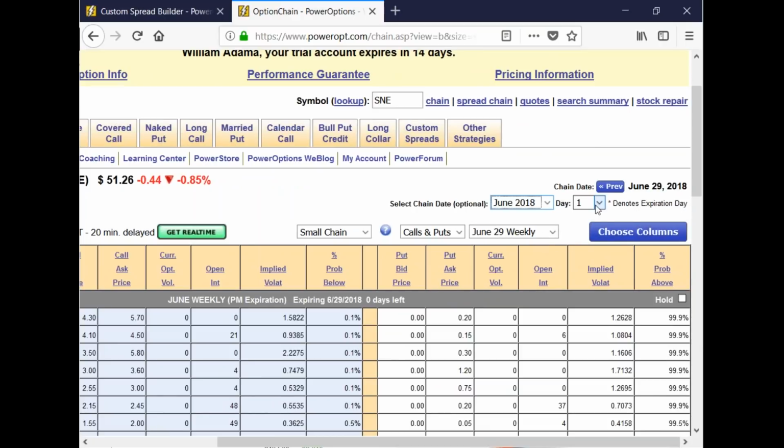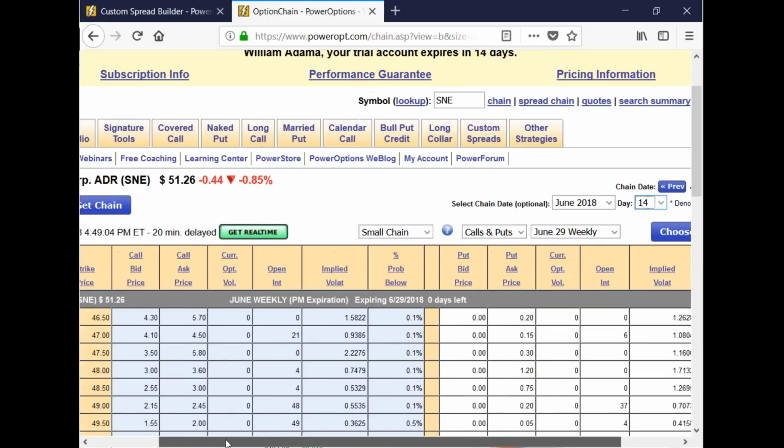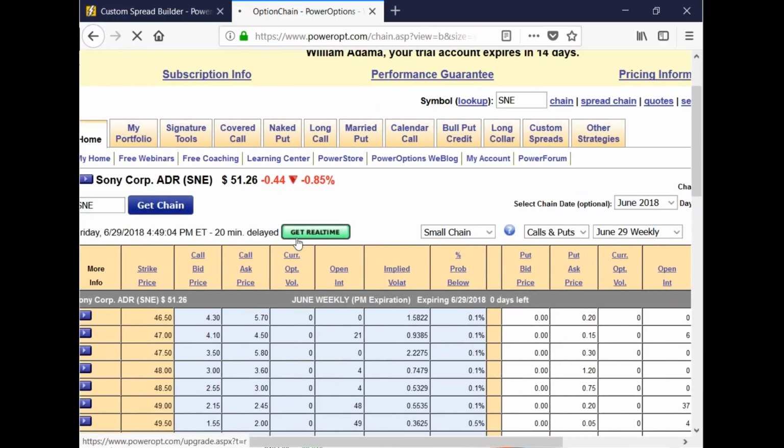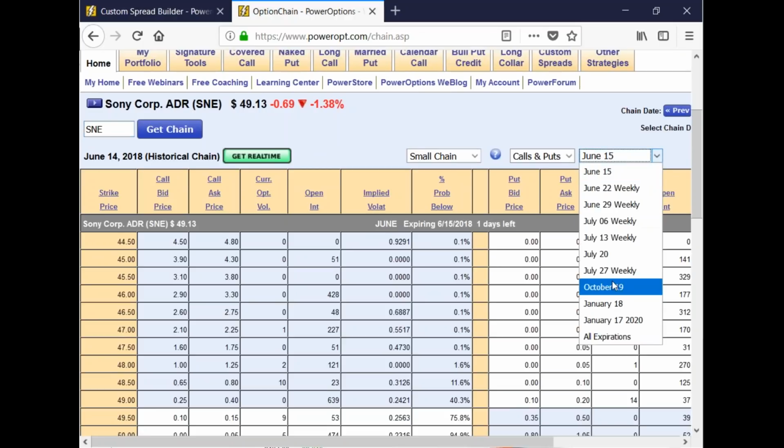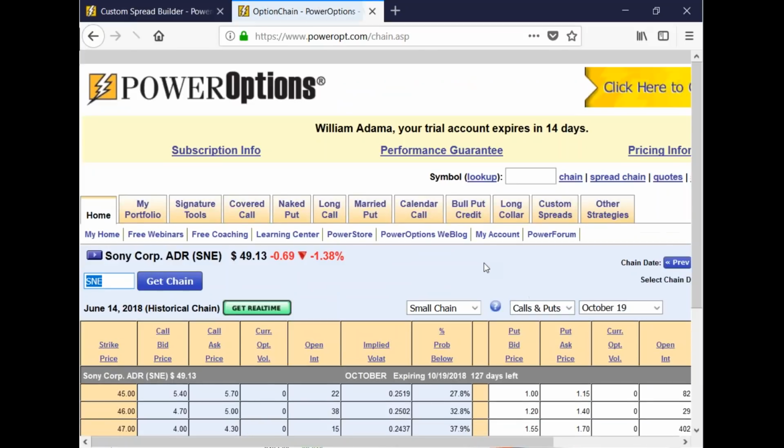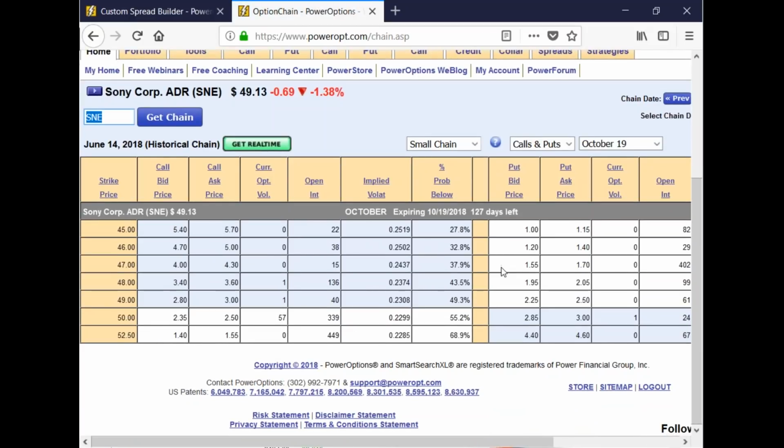So we're going to cherry pick. I'm going to go back to June 14th before standard June expiration. And Sony was trading at 49.13. Okay, remember that, 49.13. And I'm going to go out to October, 127 days. Usually I go further. Oh, we only have 50.